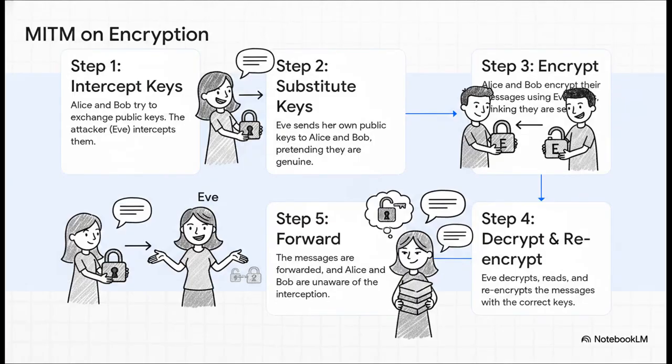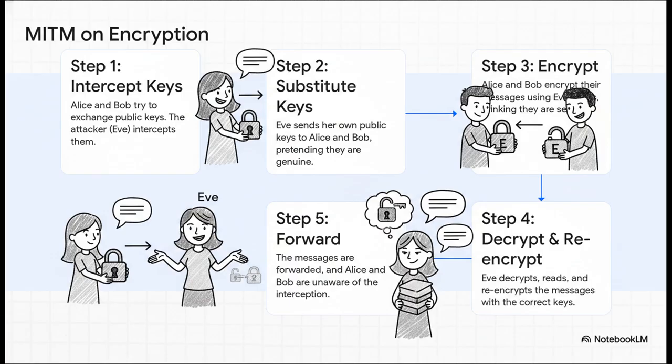So, how does our attacker, let's call her Eve, get around this? It's genius, really. She attacks the moment the keys are exchanged. So, let's say Alice wants to talk securely to Bob. She asks for Bob's public padlock. Eve, our attacker in the middle, intercepts that request. But instead of giving Alice Bob's padlock, she gives Alice one of her own padlocks. Then she does the exact same thing in the other direction when Bob asks for Alice's key.